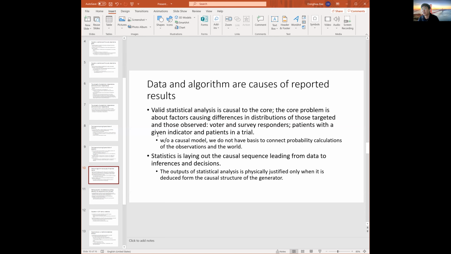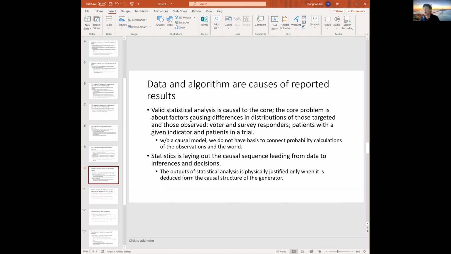And for patients with a given indicator like X equal 1, the treatment, the potential outcomes of the treatment are targeted. However, the actual patients in a trial are observed. So we need to think about that difference in distribution between those two.